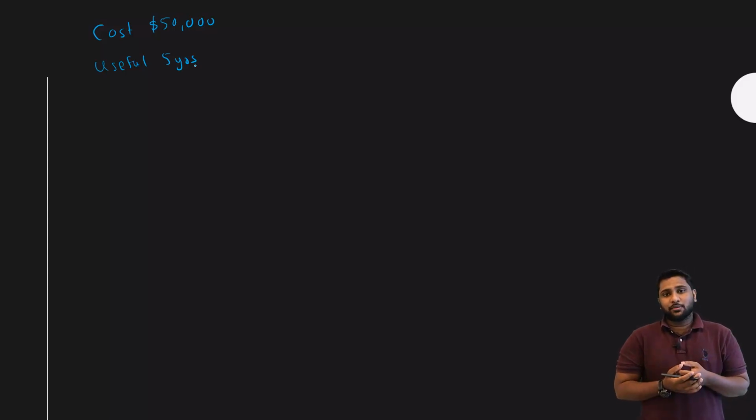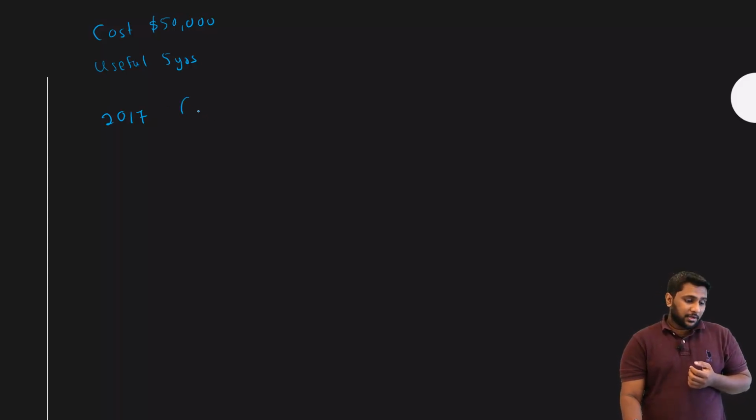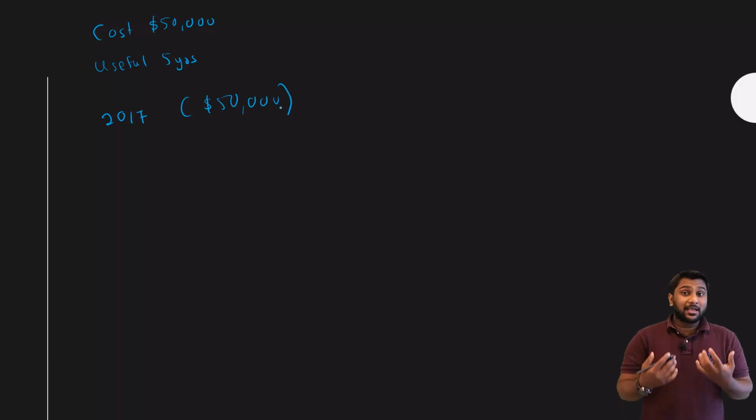Let's assume I am purchasing this machine in 2017. This machine's cost of 50,000 US dollars will be an expense for your income statement in 2017 itself. But it's not a fair way of doing the accounts.